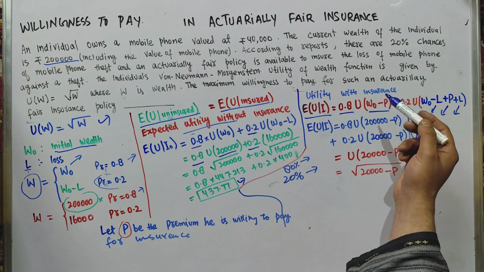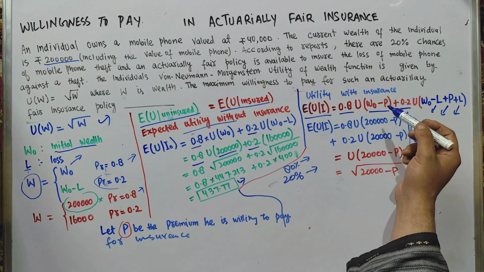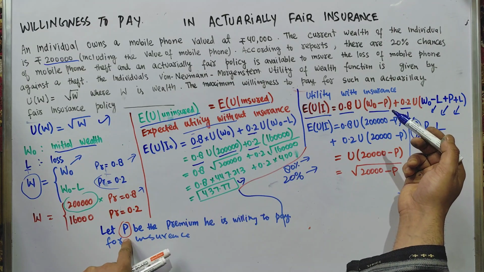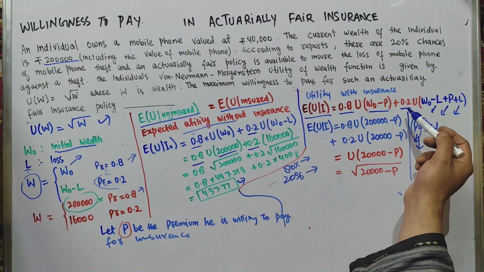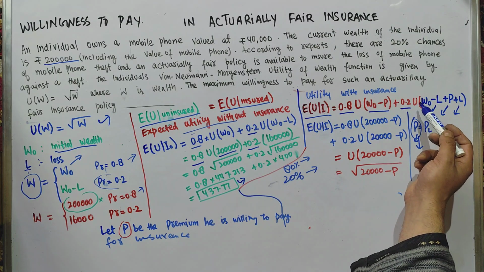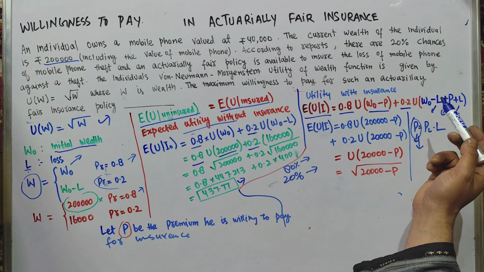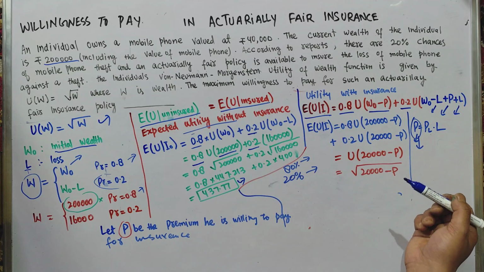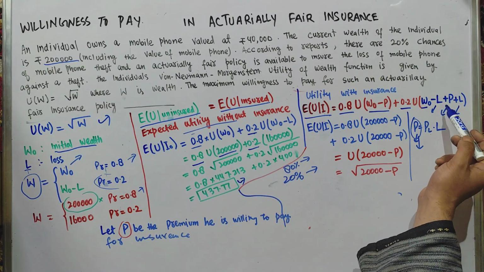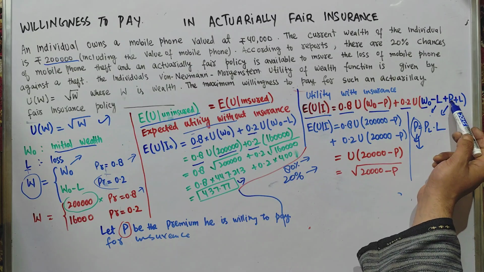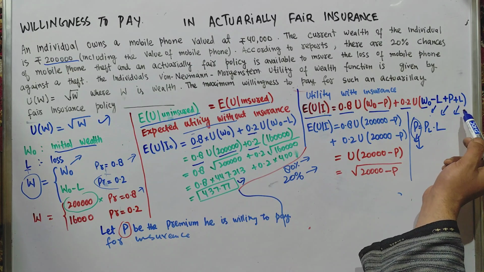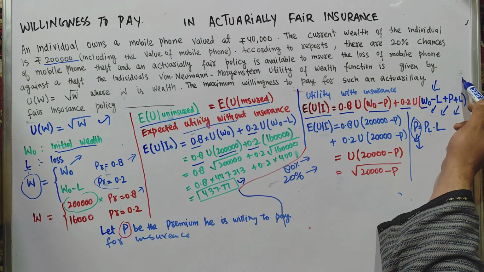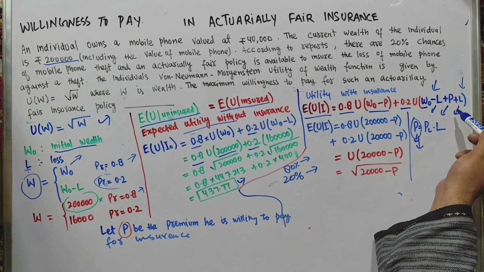That will be equal to the initial wealth minus the payment made for the insurance, that is the premium. Plus the probability of loss times the utility of wealth in case of loss. And what is that wealth? That is equal to the initial wealth minus the loss occurred, plus the compensation he is paid for that loss, minus the premium he pays. So this denotes the loss, this denotes the compensation for that very loss, so minus L plus L gets cancelled.